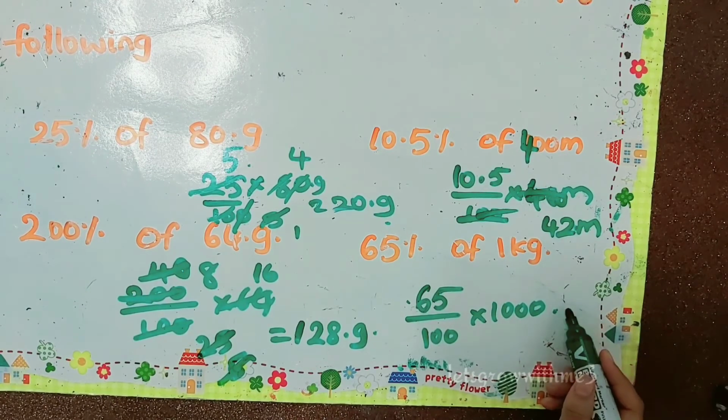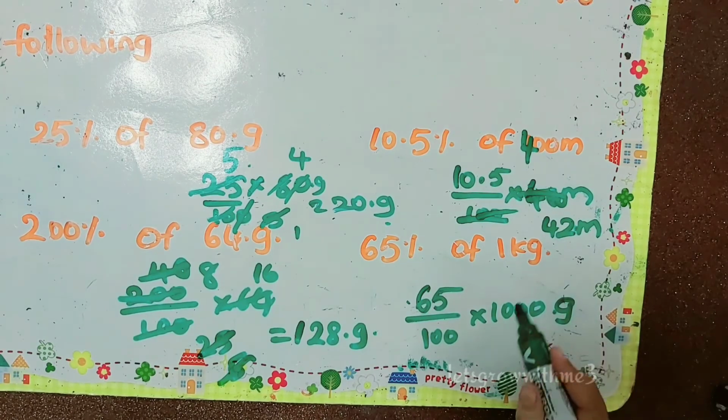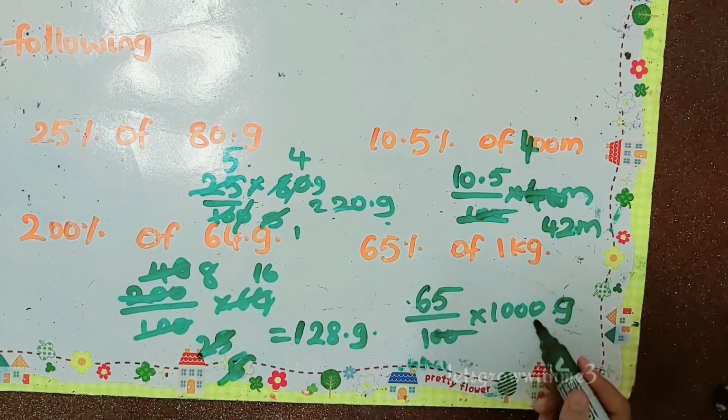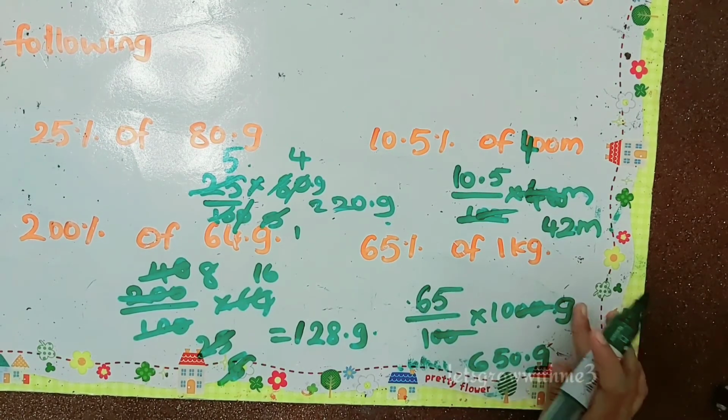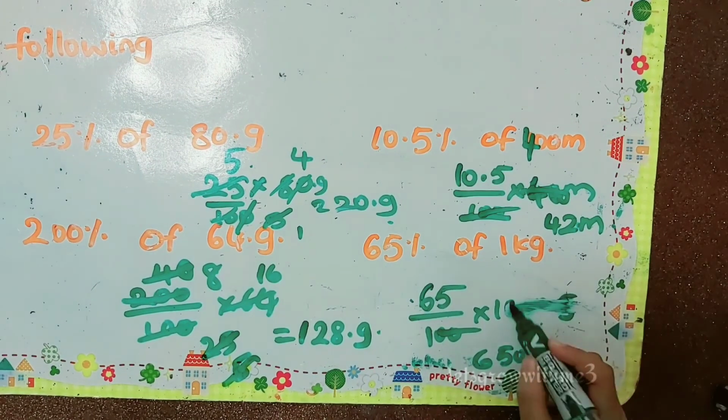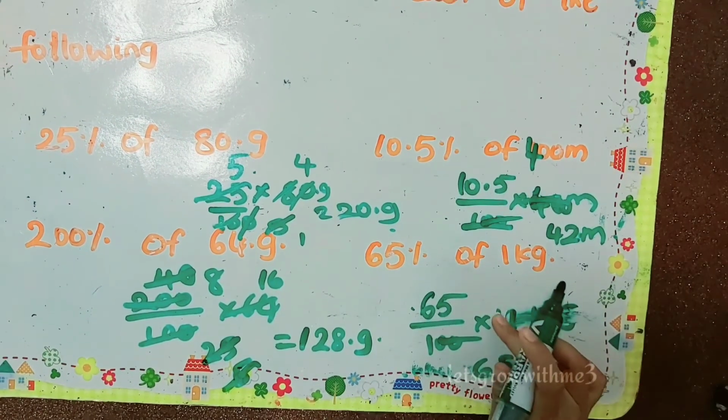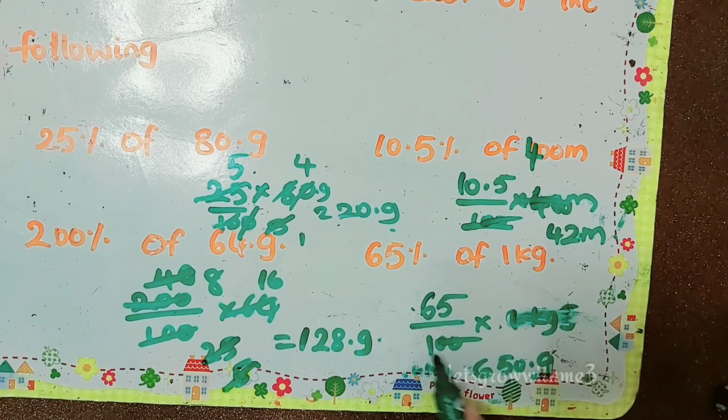So we need to cancel. So now I converted kilograms into grams. Which is 10 times 65 is equal to 650 grams if I convert into grams. If I didn't convert, then it is 1 kg, so 65 over 100 means 0.65 kg.